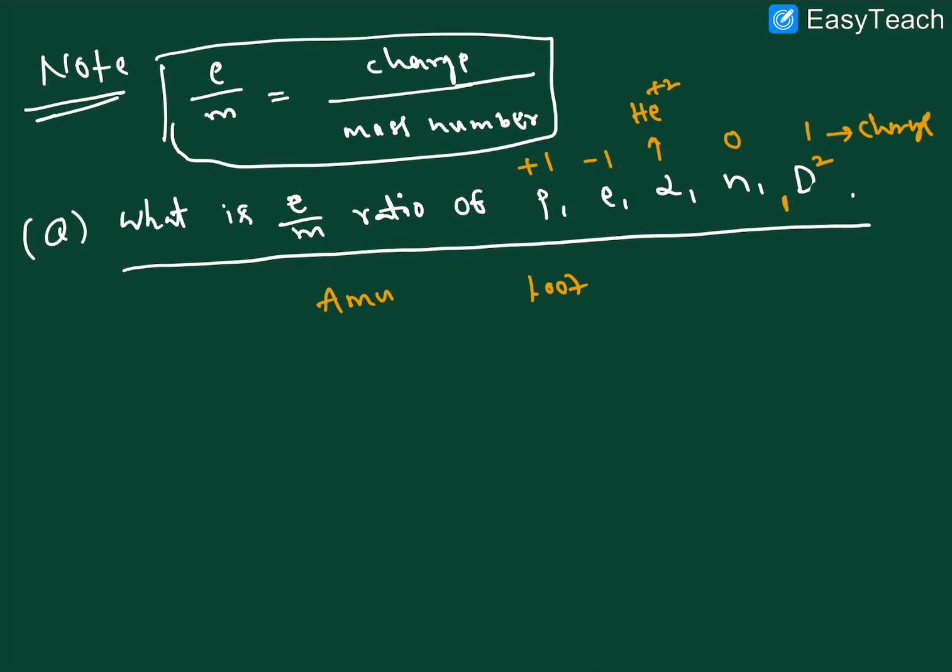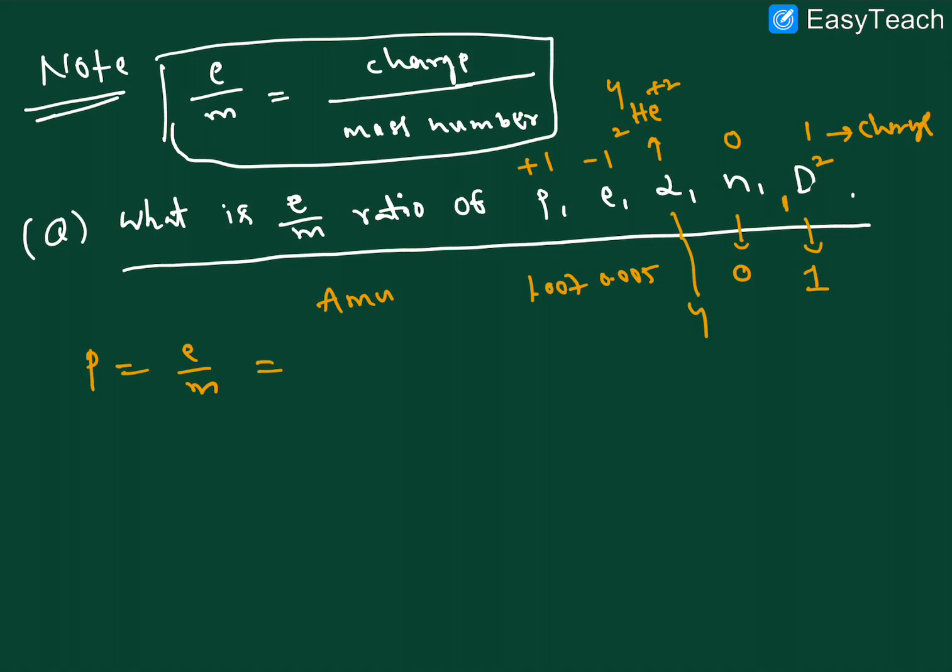So proton is 1.007, and electron is 0.005. Helium +2 has atomic number 2 and mass 4. Neutron has charge 0 and mass 1.